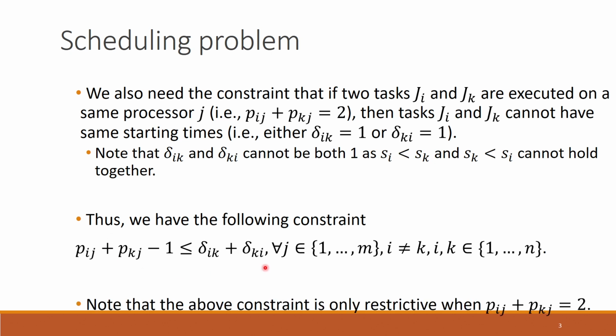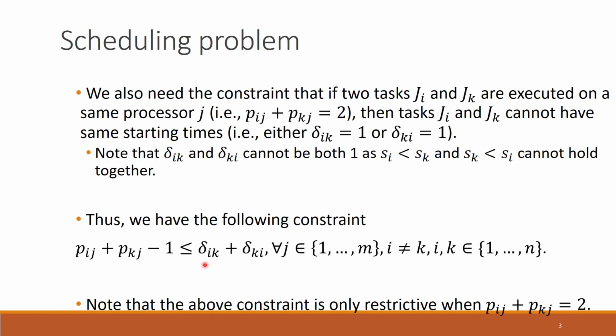This constraint is only restrictive when Pij plus Pkj is equal to 2, that is, both Pij and Pkj are equal to 1, and only in that case this constraint will be restrictive. Suppose either one of these is not equal to 1 or both of them are equal to 0, then the quantity on the left hand side will be less than or equal to 0, and it does not put any constraint on the values that delta Ik or delta Ki should take.